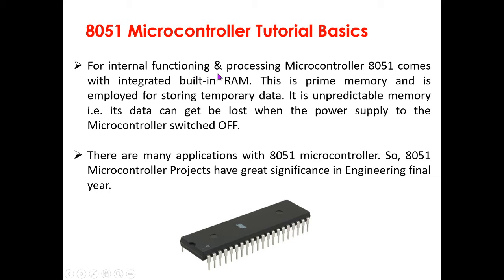So most of the time this 8051 is offering us a very low inbuilt RAM capacity of 128 bytes, and its internal code flash memory is of 4 kilobytes. Though it is very small, most of the applications are capable of executing code which can lie within 4 kilobytes of space.